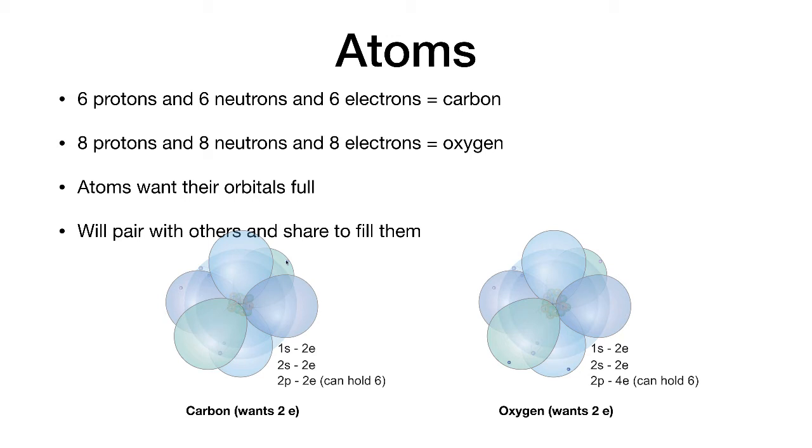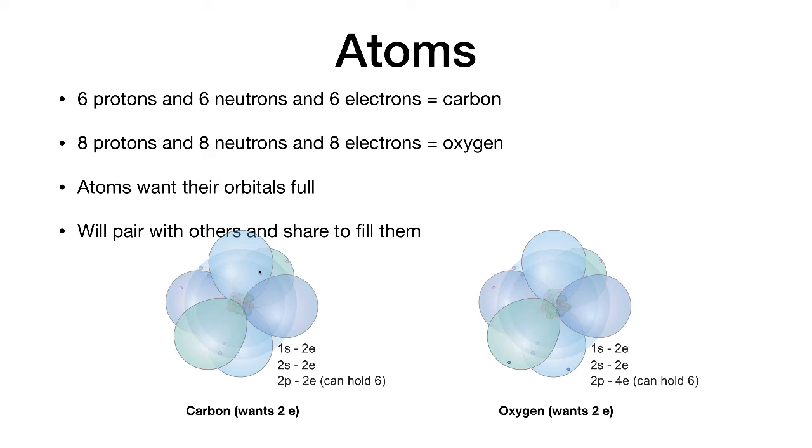So it has 2 p orbitals. It will fill each one of them individually before it puts another electron in. So those are the rules. So you have 1 electron in each of these orbitals. In the case of carbon, you have 2 p orbitals with 1 electron each. These orbitals are half full, and therefore carbon wants to fill these orbitals by finding 2 more electrons.